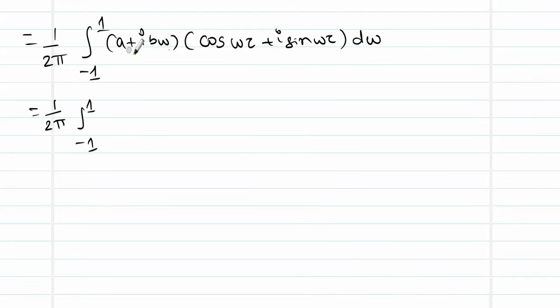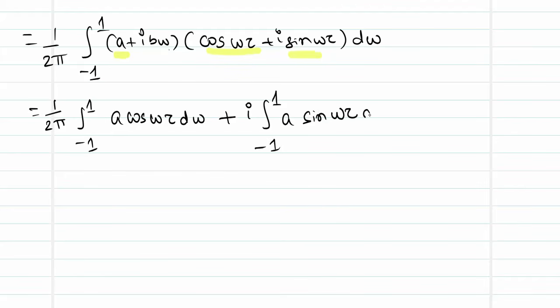I will first multiply this a with cos omega tau. So I will have a cos omega tau d omega. Next, I multiply this a with i sine omega tau. So I will have, i being a constant, integral from minus 1 to plus 1 of a sine omega tau d omega.